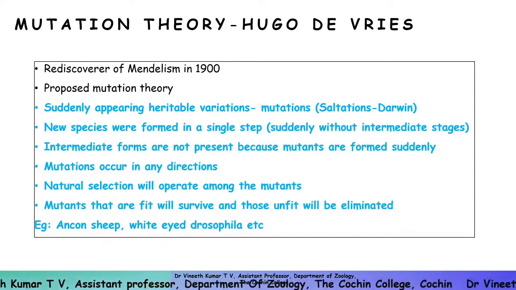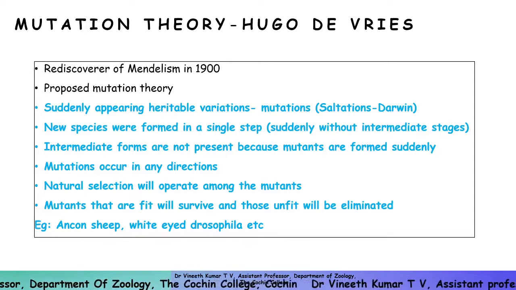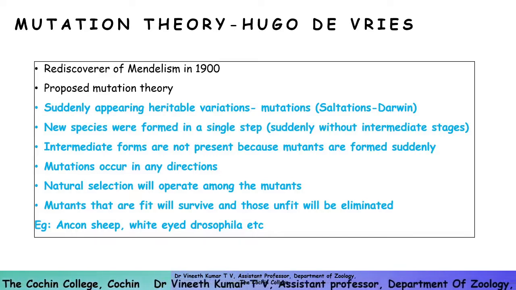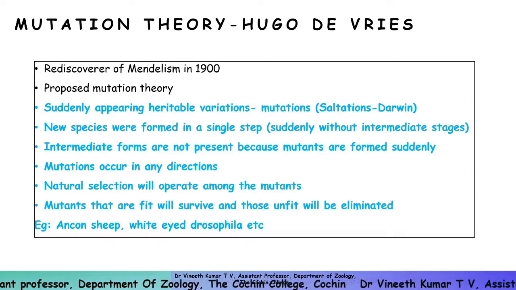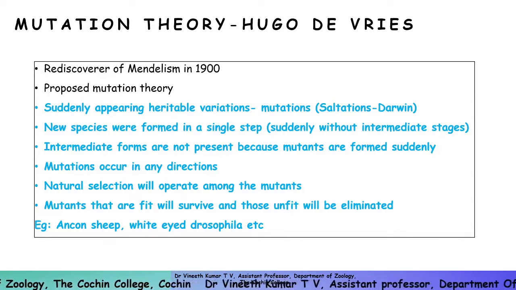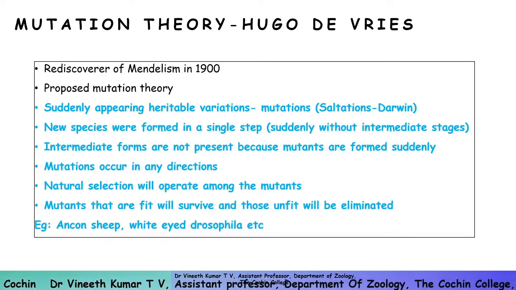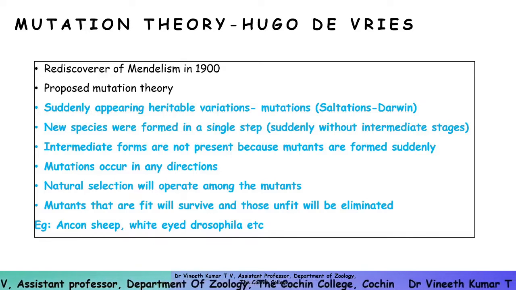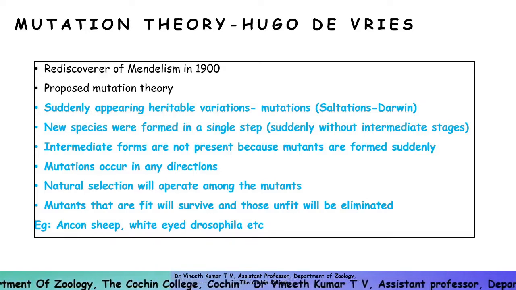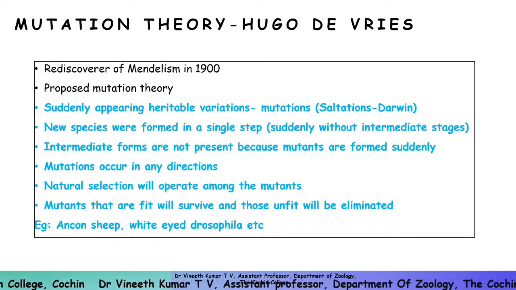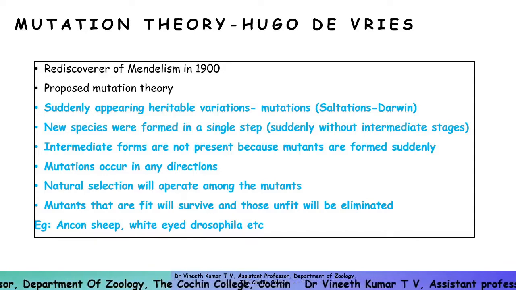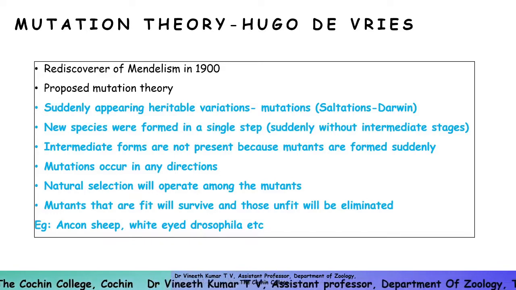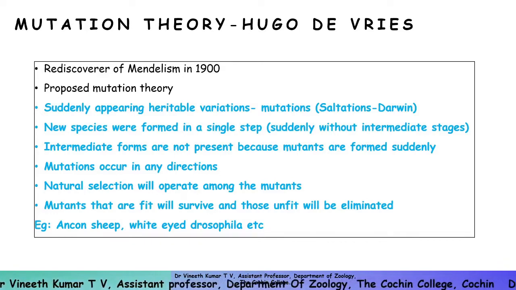Because they form suddenly, intermediate stages will be absent and they can occur in any direction. Here, direction means it can either be favorable or unfavorable. That means mutations can either be helpful or deleterious to the individual. That is why it is said that it can happen in any direction.